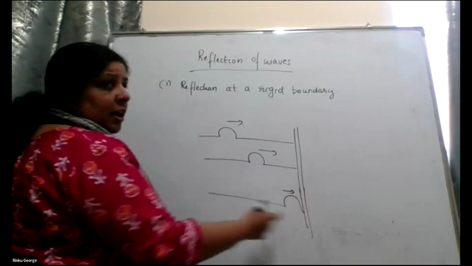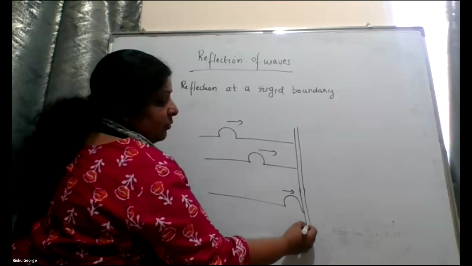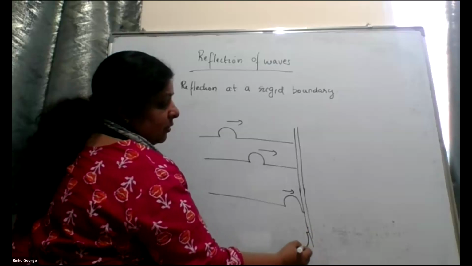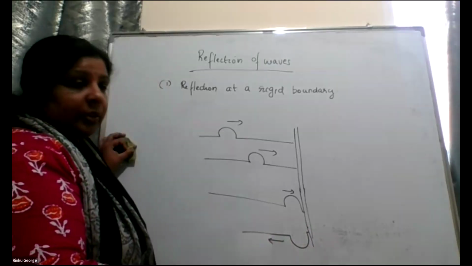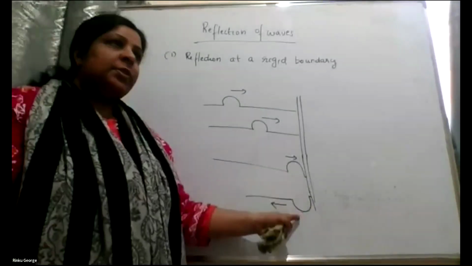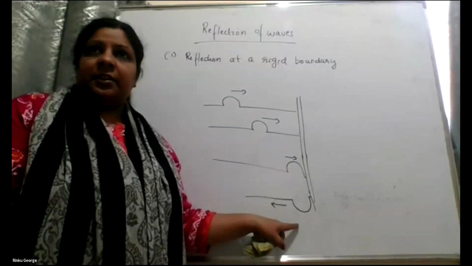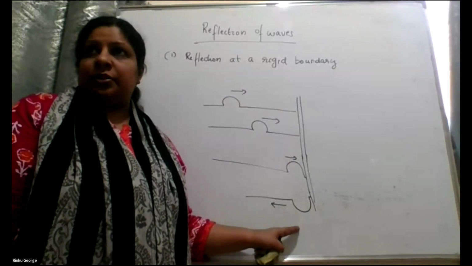It hits here, and after that it gets reflected back. If it is reflected back with a phase difference of pi, it goes like this, understood? Pi means it will come inverted, the opposite way. Phase difference of pi. Understood?